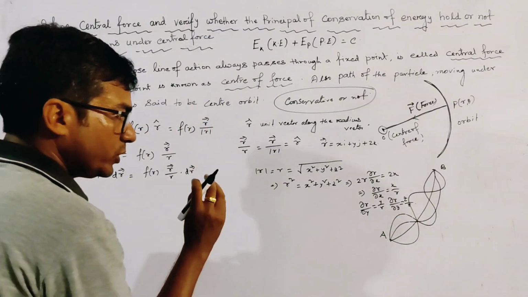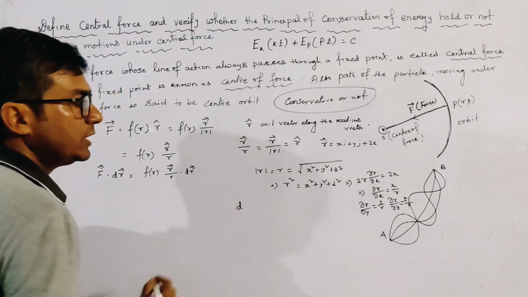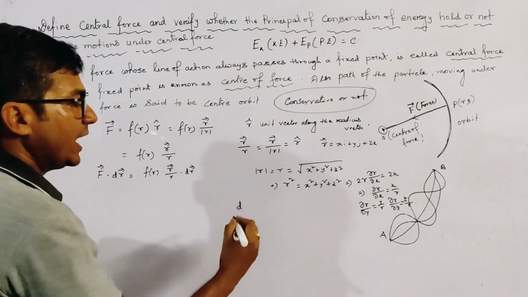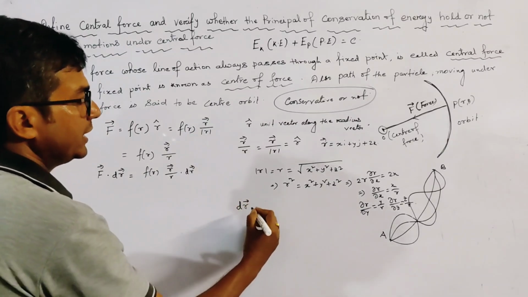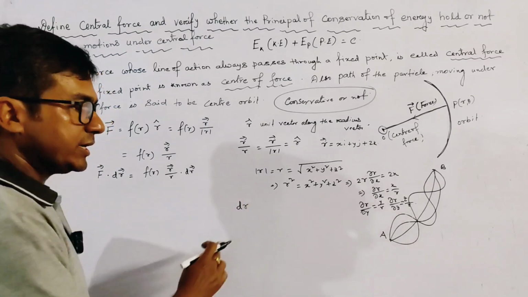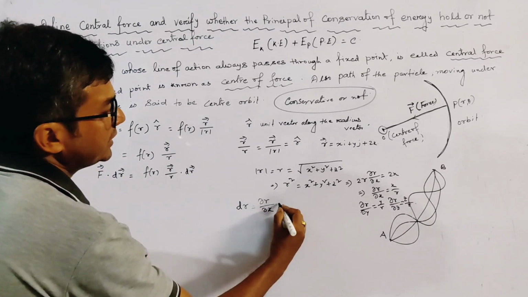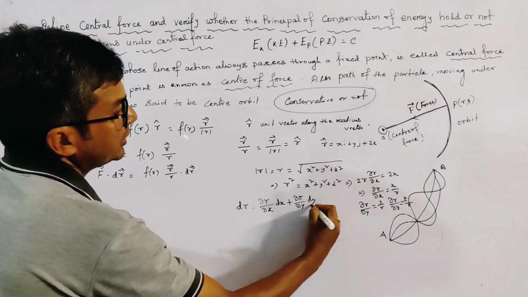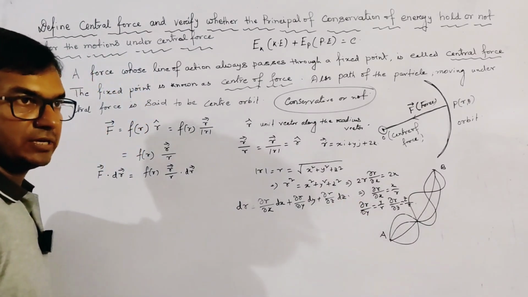Okay, now we use the relation of total differentiation, and this gives dr. This is the scalar quantity small r. dr means del r by del x into dx plus del r by del y into dy plus del r by del z into dz, right?